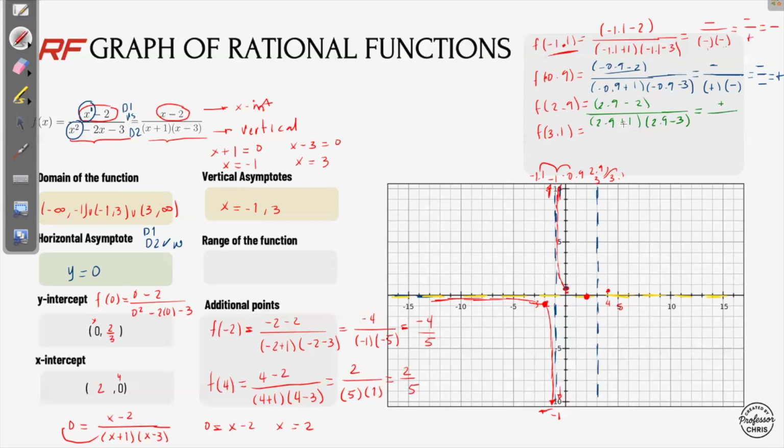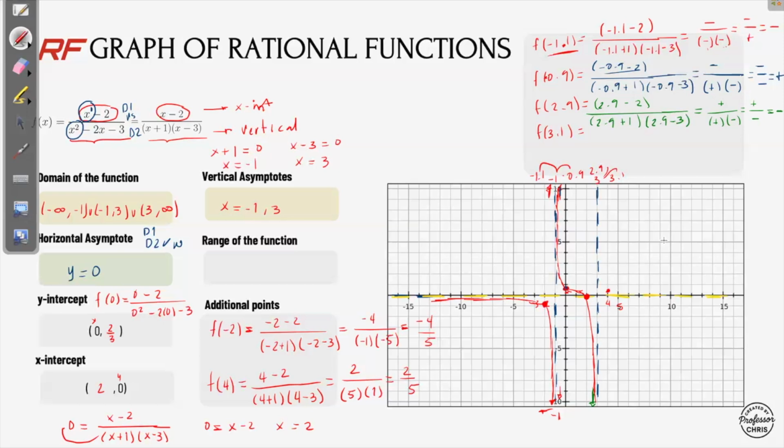Then 2.9 plus 1, also positive, and 2.9 minus 3, that's negative. So you end up with a positive number divided by a negative number, that is negative. So that means that on this side of the vertical asymptote, you're going to have a negative direction. So from the last known coordinate, we're going to be approaching negative infinity, and then we connect those two dots.